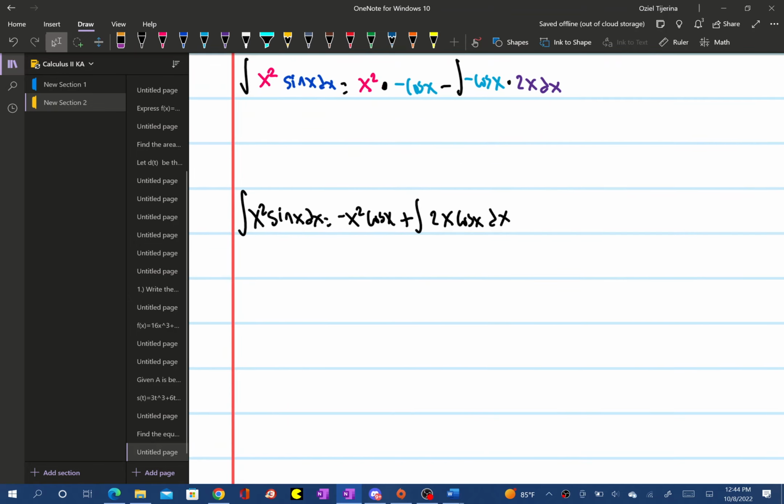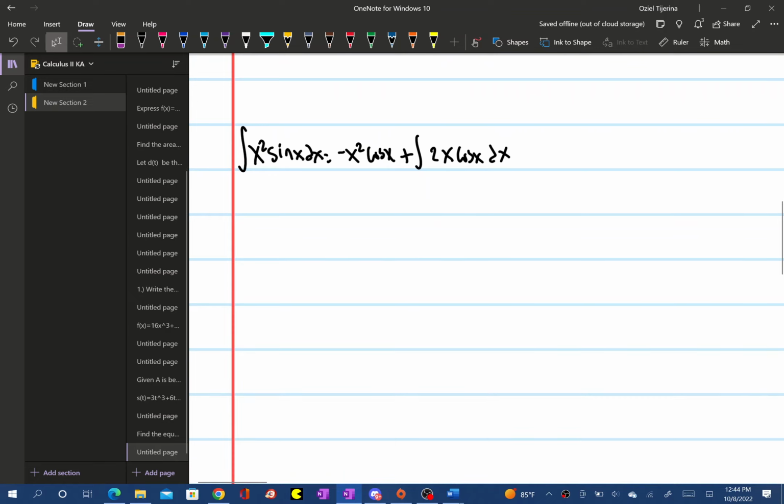Notice that we still don't have a very clean integral that we can easily integrate, so we have to use integration by parts again, but for this part here. So I'm going to rewrite it.